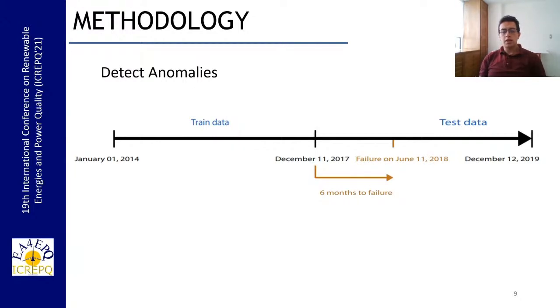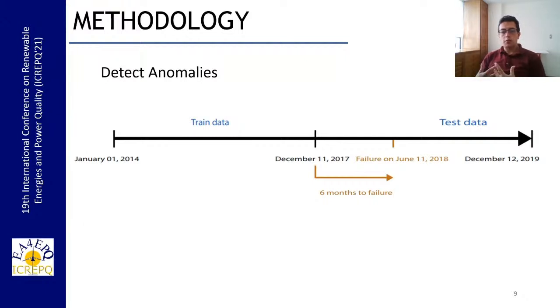In the test data there exist two types of behavior. One is normal data, but the other is failure data, because on June 11, 2018, there exists a report of failure in the main bearing.